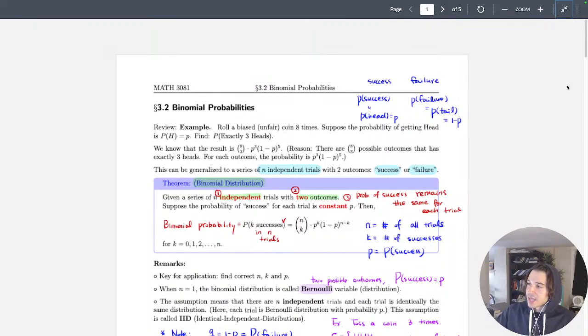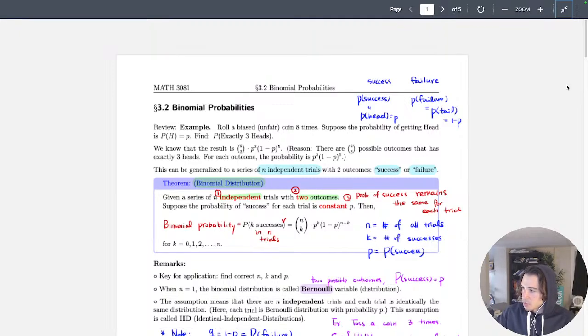This can be generalized to a series of n independent trials with 2 outcomes, success or failure. The binomial distribution theorem: given a set of n independent trials with 2 outcomes, and the probability of success remains the same for each trial, suppose the probability of success for each trial is constant p.